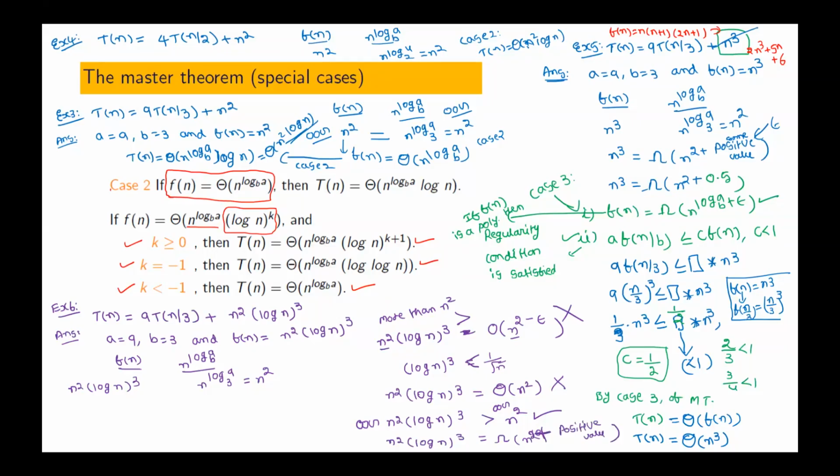Does it imply that n square log n whole cube equals big omega of n square plus some positive value? Is it possible to write it that way? If that is possible, then we will be in case 3, no? We have to check the other condition also for case 1.